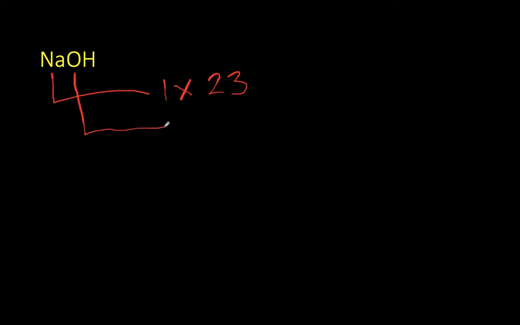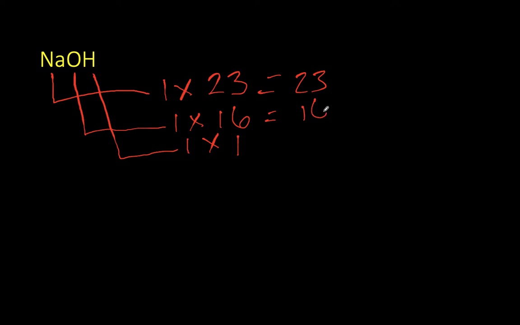We have one oxygen, its formula mass is 16. And we have one hydrogen, its formula mass is 1. So we've got 23, 16 and 1. That gives us a formula mass of 40.